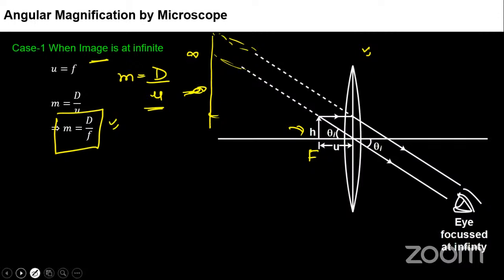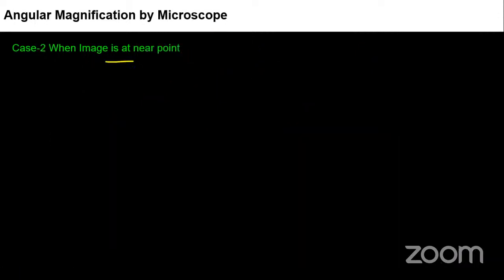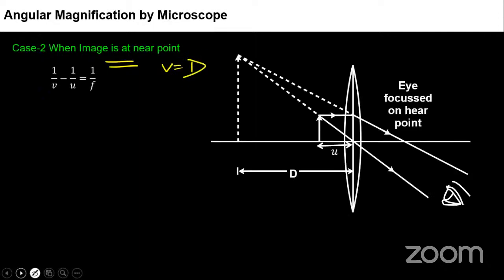And case second is this. Suppose the image is at near point, that is, if you keep v equals to d, so you'll use this formula. You'll keep here v equals to d with sign convention, you'll put it as minus d. This is h.